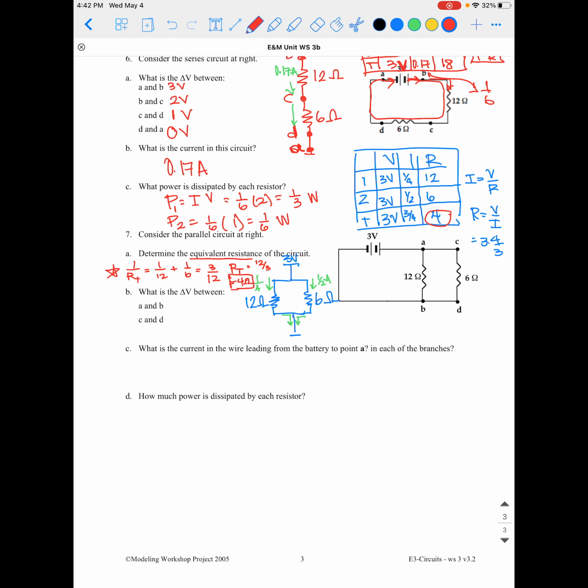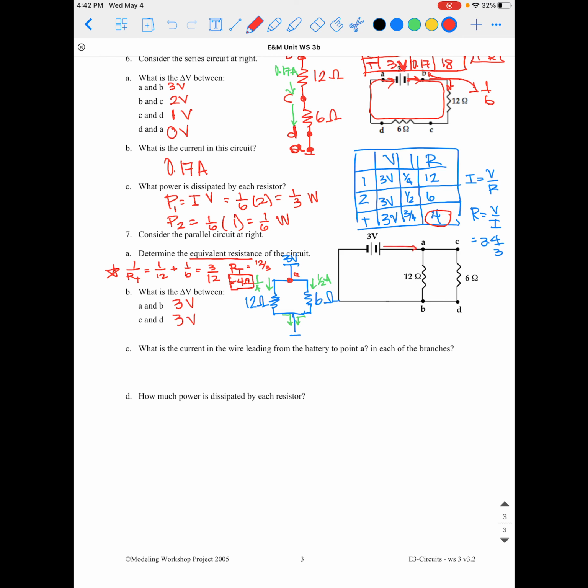And then what's the voltage drop between A, B, and C, D? Well, that's easy because it's the same. It's going to be the total amount of voltage in our battery, 3 volts. The next question, what is the current in the wire leading from the battery to point A? So here's the battery, here's point A. So it's right at this junction.